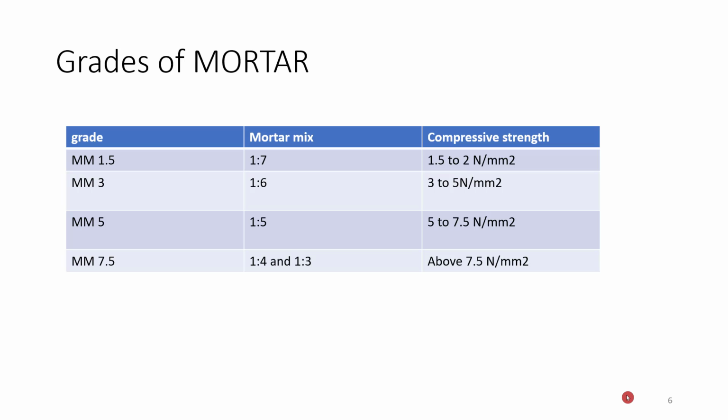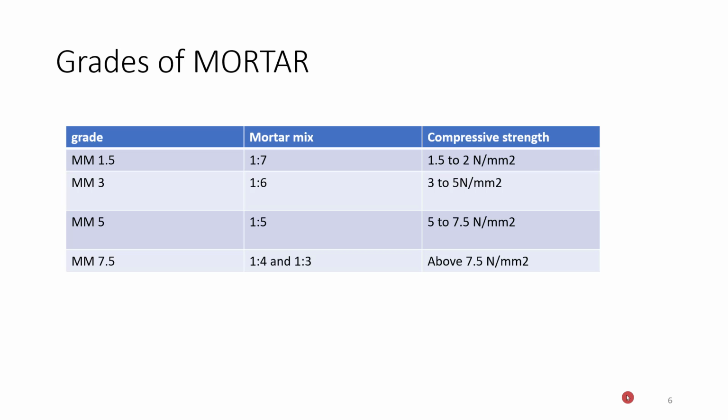The cement mortars are designated by various grades such as MM 1.5, 3, 5, 7.5. These are based on the strength of the cement mortar cube. The MM 1.5 will have lower strength, 7.5 will have higher strength. So you can see from the mortar mix ratio that for getting higher strength, the cement content should be higher.